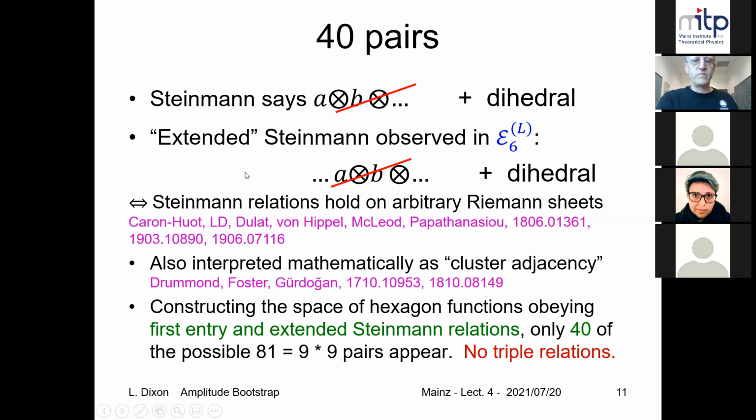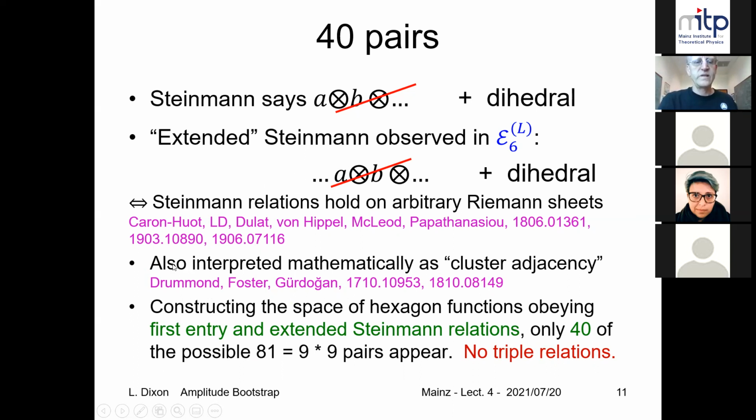After you've moved to another sheet by shifting it by a discontinuity and clipping off arbitrary stuff in the symbol, you then apply the Steinmann relations once all these things are removed. So that's a kind of heuristic justification for why you might impose these conditions in the middle of the symbol and not just at the beginning.